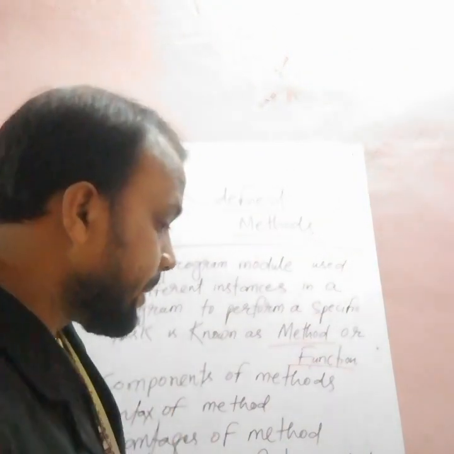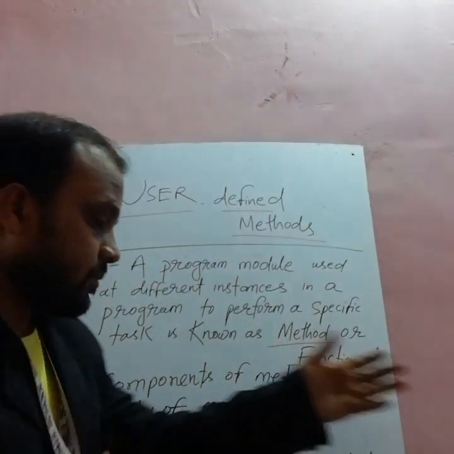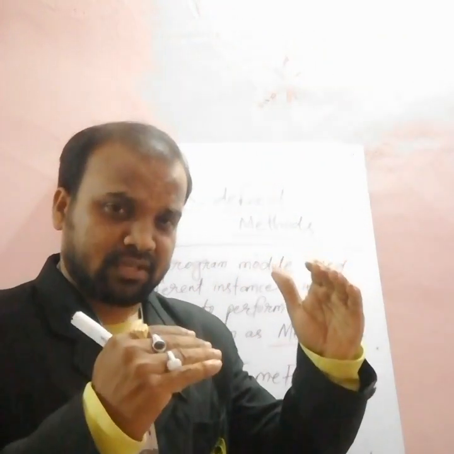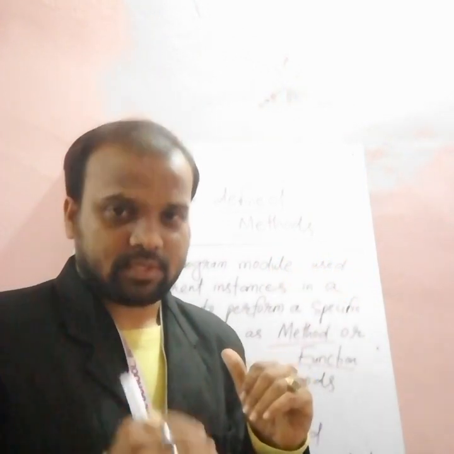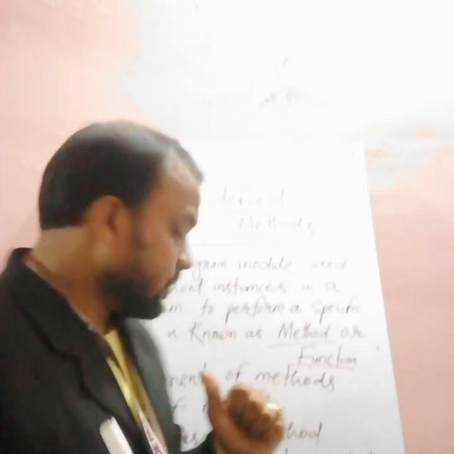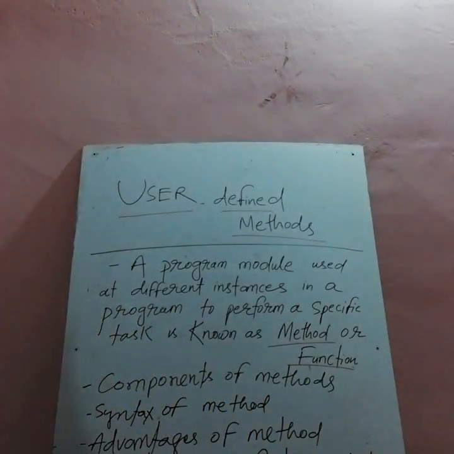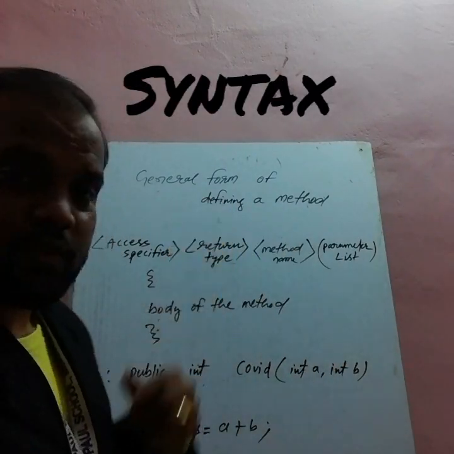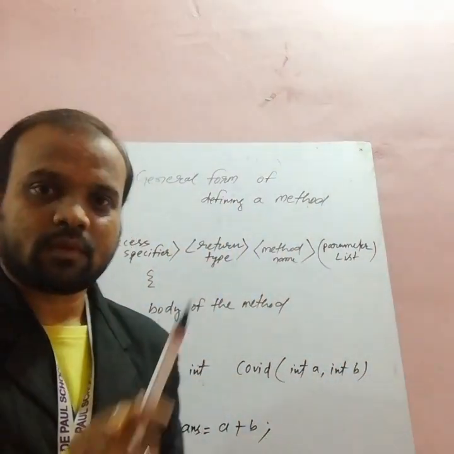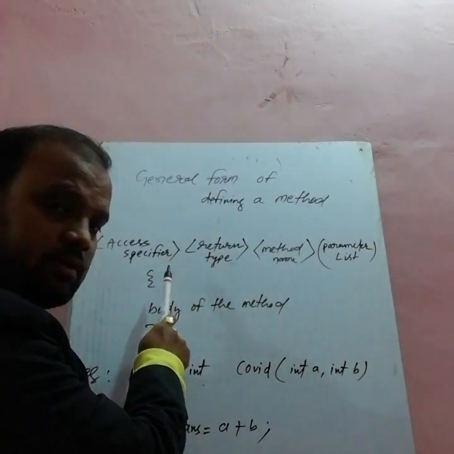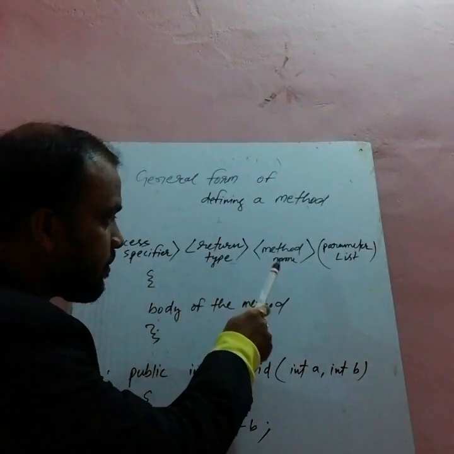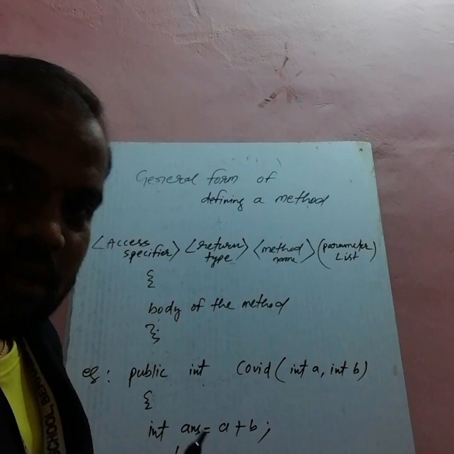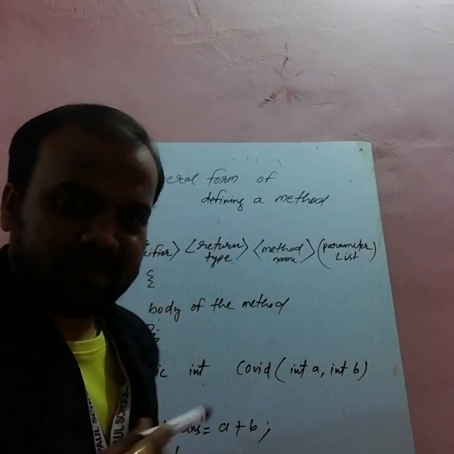Clear? Now, the various components I am going to teach you. The various components are the body of the method, the function header, then return statements and their features. Now see the general form of defining a method: access specifier, return type, method name, parameter list, opening curly bracket, body of the method, closing curly bracket.